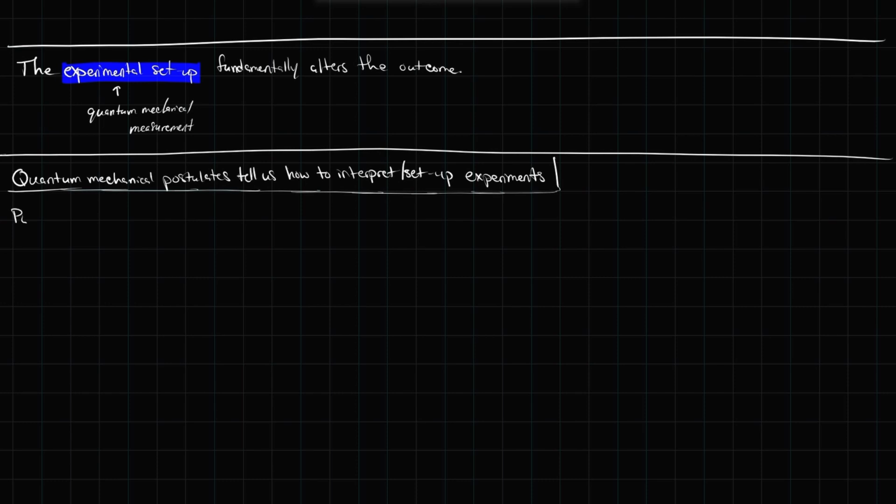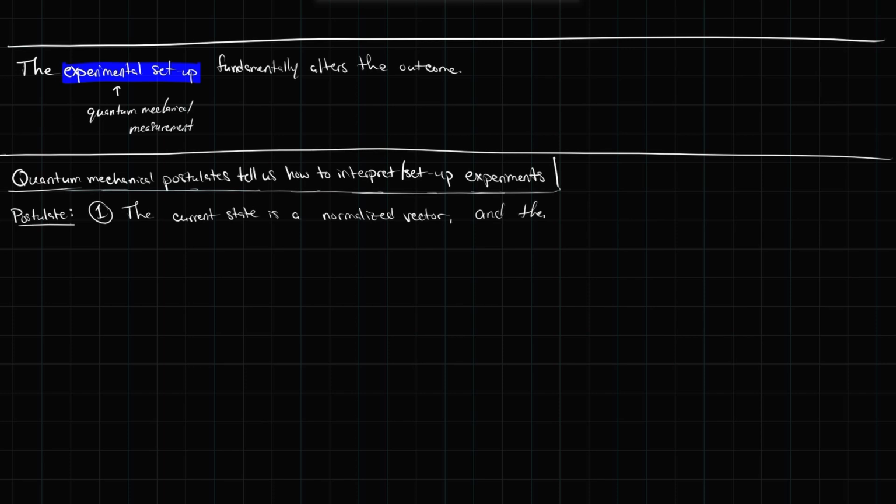So the first postulate, it all goes back to linear algebra. So the first postulate: the current state is a normalized vector, which means it'll always be a normalized vector.